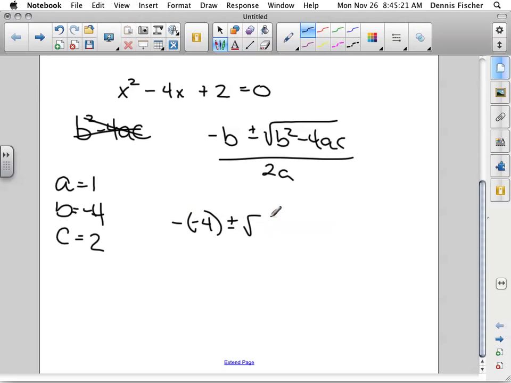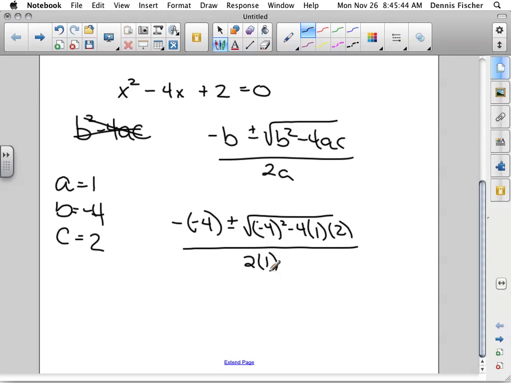Plus or minus b squared minus 4ac over 2a. Plugging in my numbers. Make sure we plug in our numbers accordingly. I don't change signs.